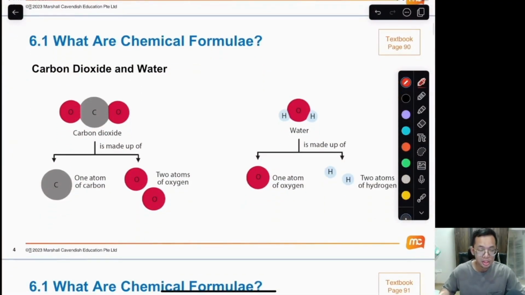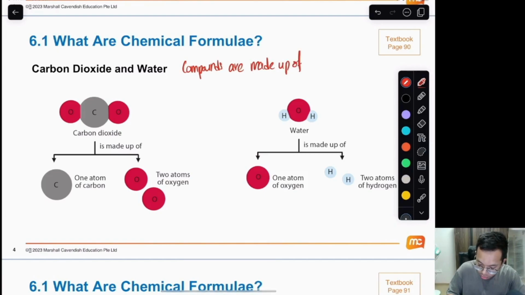Alright, so firstly, what are chemical formulas? We know a chemical formula as a representation of ratios of elements in a compound. Remember that compounds are made up of 2 or more elements chemically combined together.